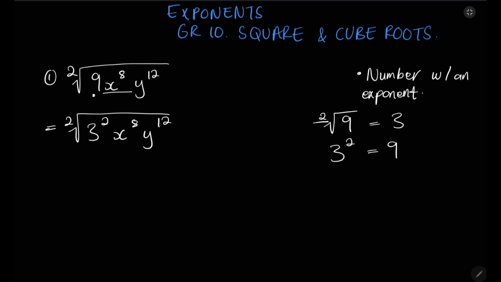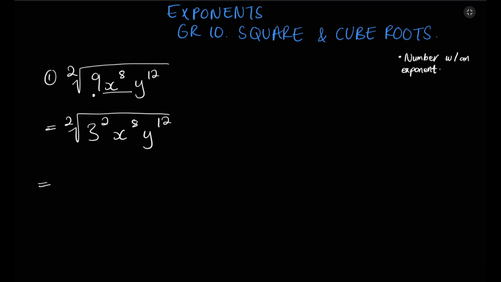Now let's solve. Remember, inner divided by outer. Let's start with this 3. This will be 3 to the power of inner 2 over outer, which is 2. What is 2 over 2? It's 1. So you write down your 3 there. Let's move to our first variable. We have x to the power 8 over your outer, 2, which is x.